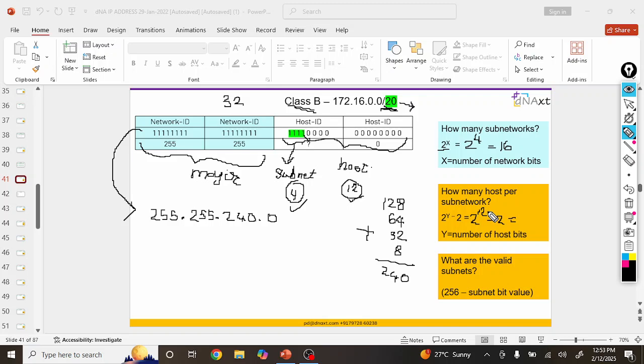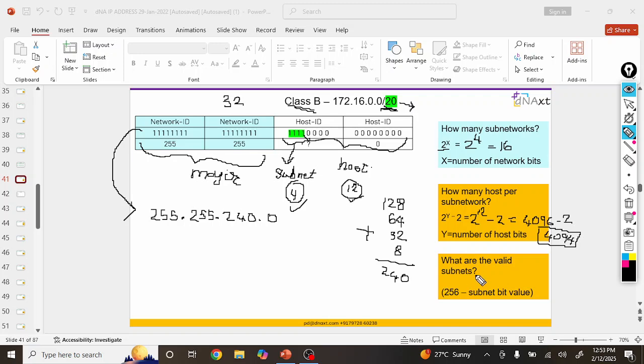So these two IP addresses you cannot assign to your host. Hence we always subtract 2. 2 to the power 12 is 4096, minus 2, that is 4094 actual IP addresses you will get in each subnetwork.